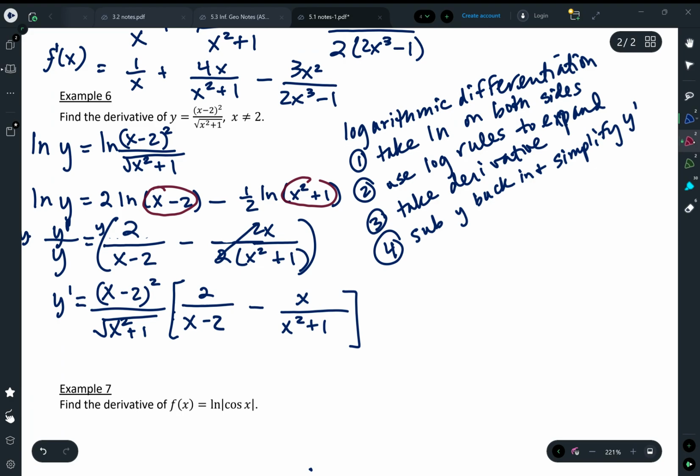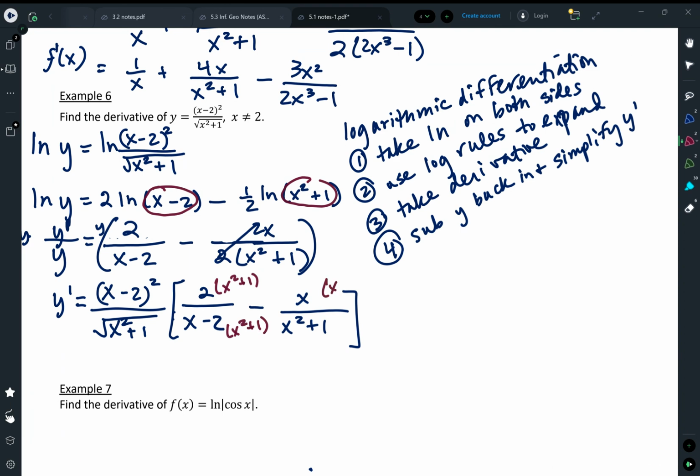So if I want to get a common denominator here, my first fraction, I need to multiply it by x squared plus 1 over x squared plus 1. The second one by x minus 2 times x minus 2. And then what would happen is I would have an x minus 2 squared over square root of x squared plus 1 times, let's see, my denominator here would be x minus 2 times x squared plus 1.